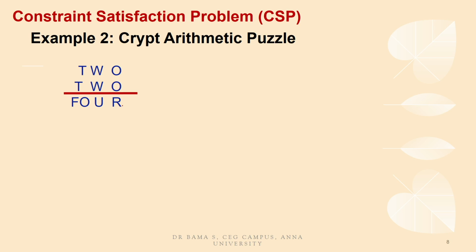The idea is we have to assign each character an integer value such that it is not repeated, meaning we have T, W, O, F, U, R. For each of these characters, we have to assign some positive numbers, such that they are unique. Okay. So, how do we do that?